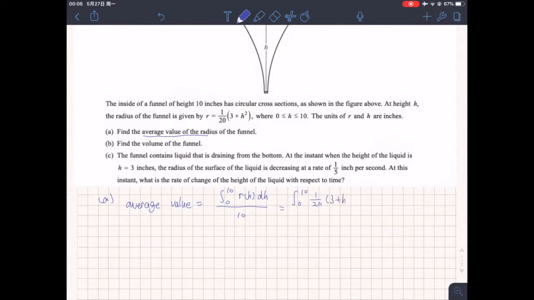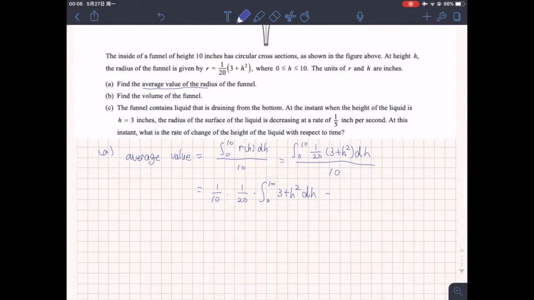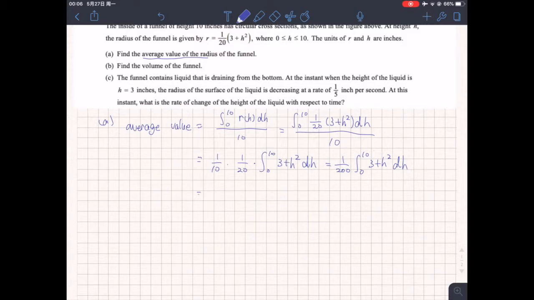Now, we first write out the equation r(h) equals 1 over 20 times (3 plus h) squared, and then we take out all the non-h numbers, which are 1 over 10 and 1 over 20, and we put them outside, and then we do 1 over 200 times the integral from 0 to 10 of (3 plus h) squared dh, and then we integrate, which gives 1 over 200 times (3h plus h to the third over 3), and then we plug in the numbers 10 and 0.